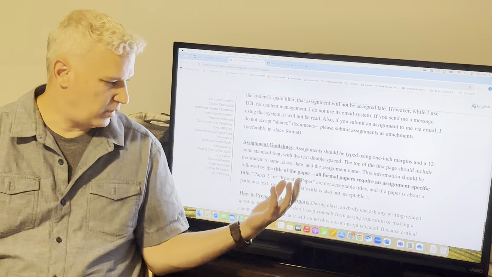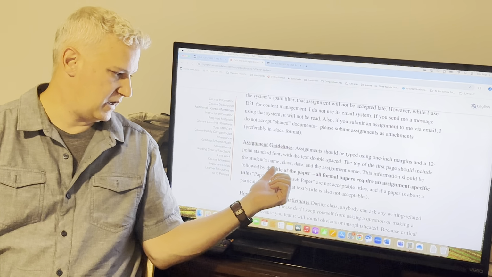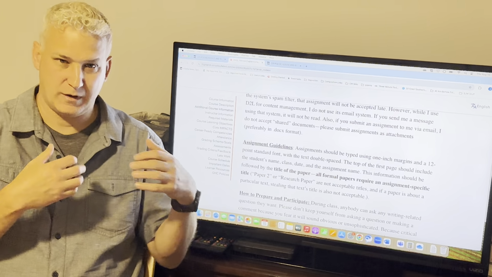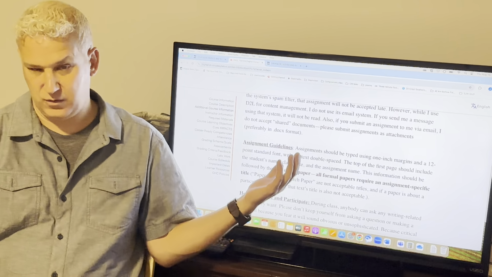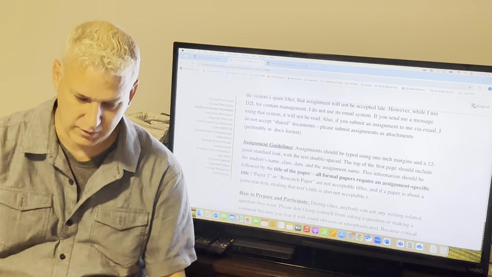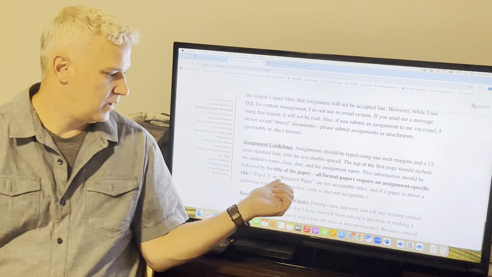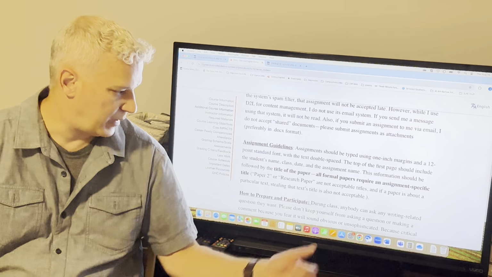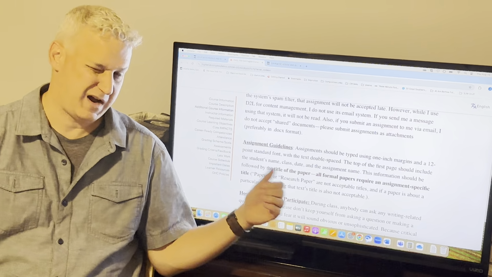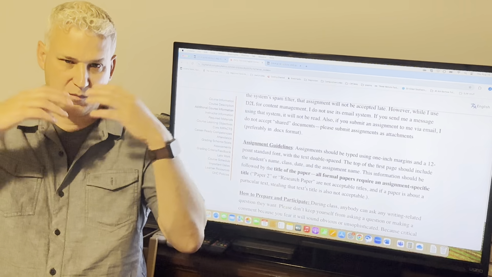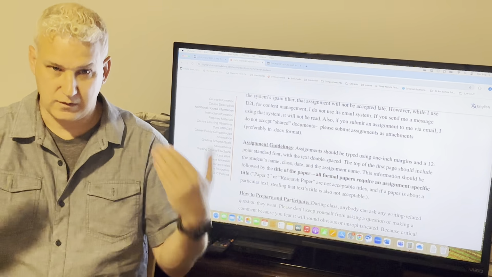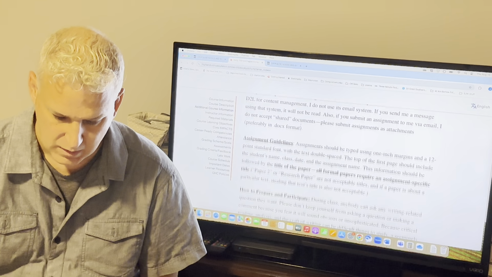The big important piece of information is please put your name, class, and date on all the work you turn in. When I open a paper and start grading it, I need to know who to give the grade to, so put your name on your paper. And also, all formal papers require an assignment-specific title, not paper 2 or research paper or something boring like that. Come up with a creative title unique to your assignment.